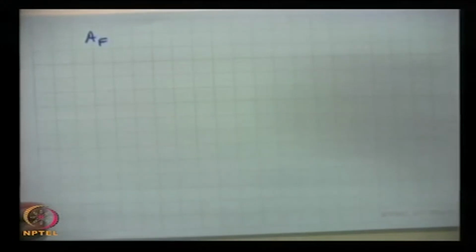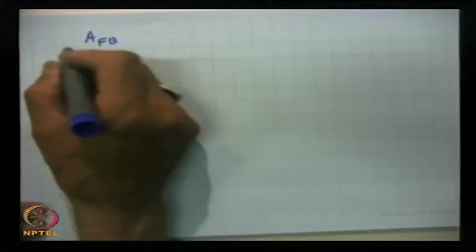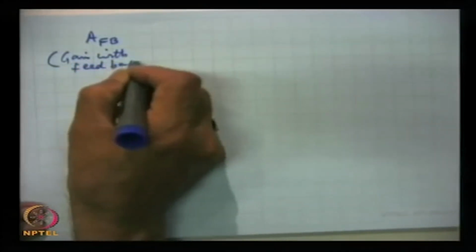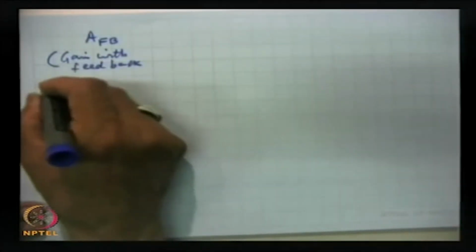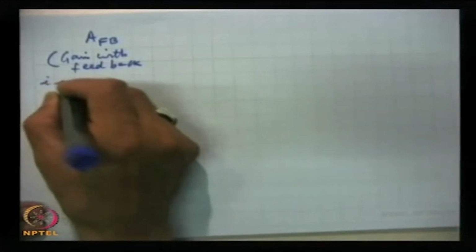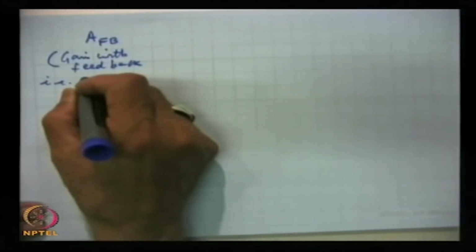Normally we write A with F or even FB, with feedback. That is AF is closed loop gain.